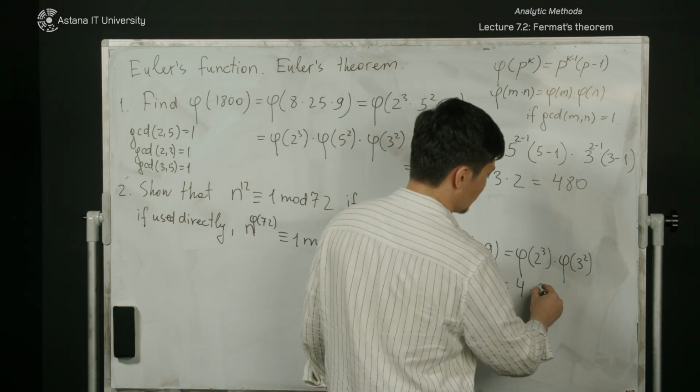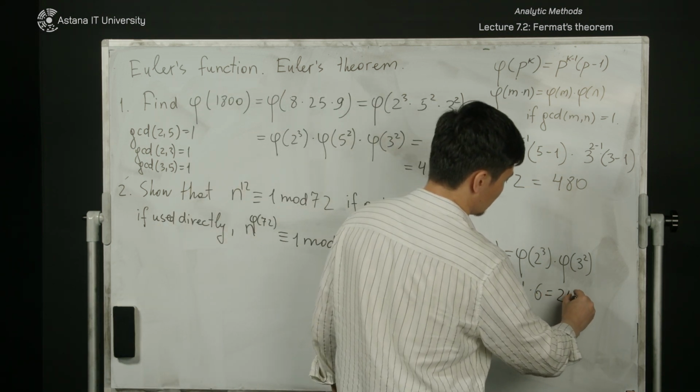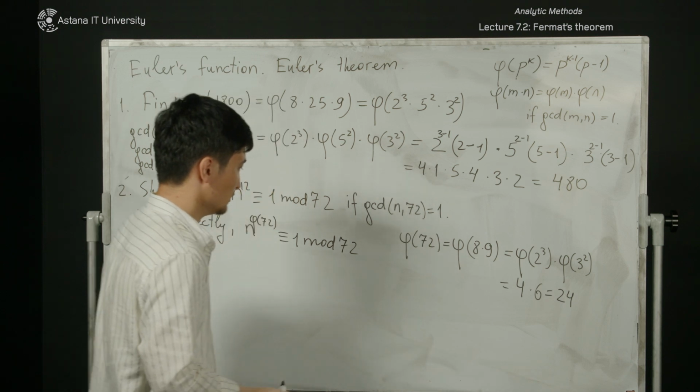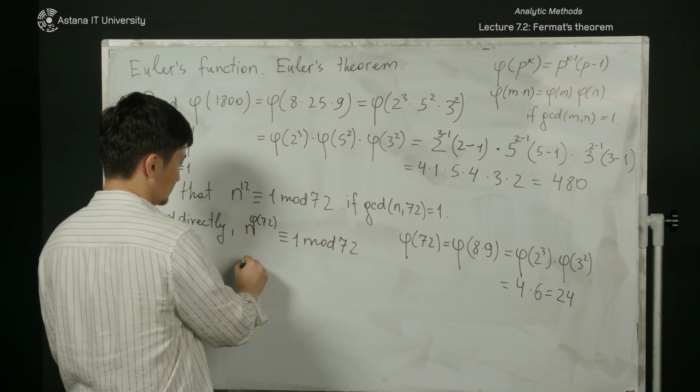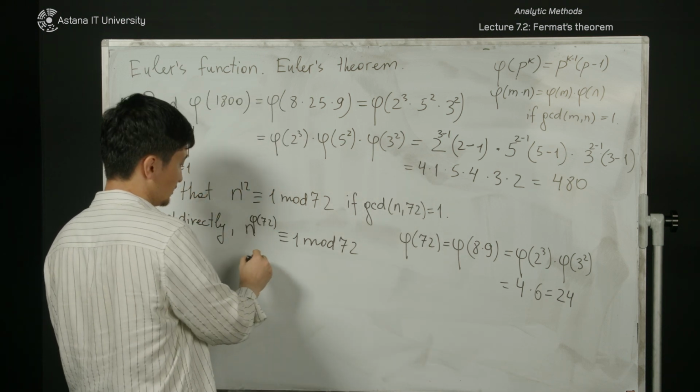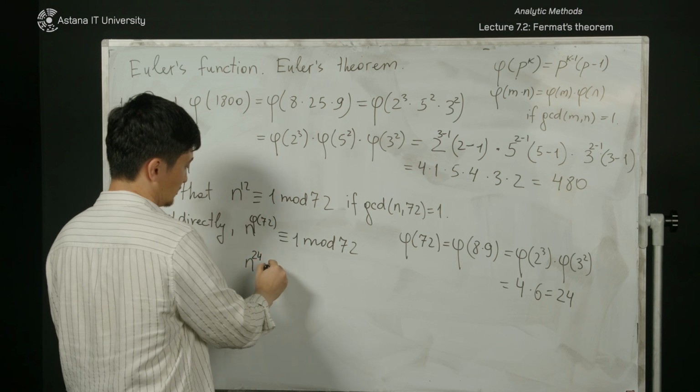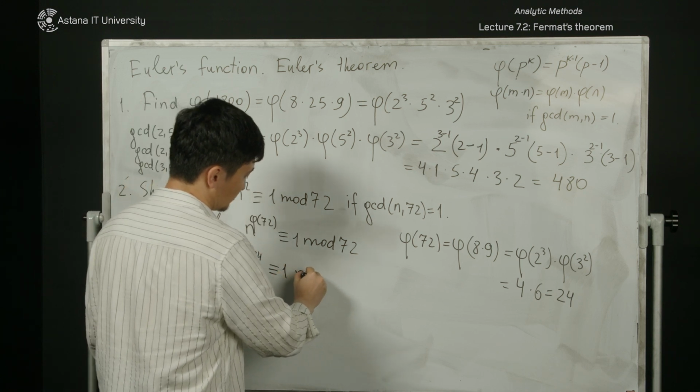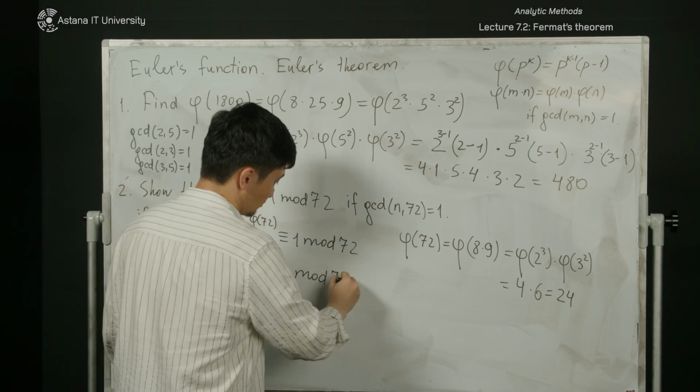So 4 times 6 is 24. So basically what I have is n to the power of 24 gives me 1 when divided by 72.